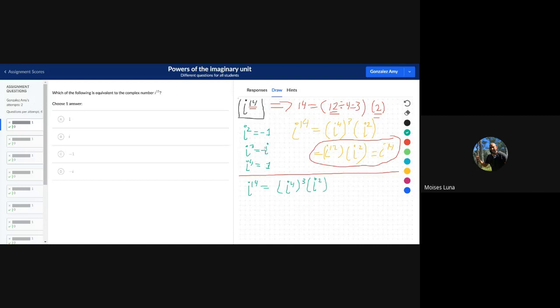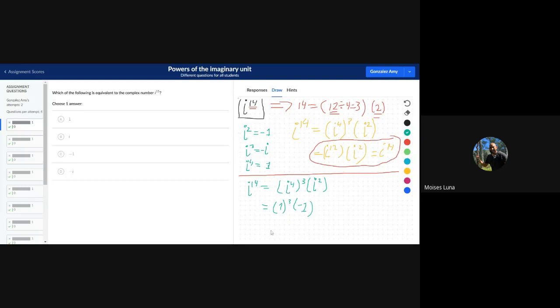And now you know the value of this and you know the value of this. So you just need to substitute. i to the 4th power is 1. 1 raised to 3 is 1. Any number, 1 raised to any whole number, is going to be 1. And so this is negative 1.